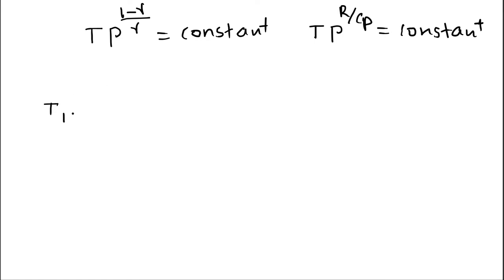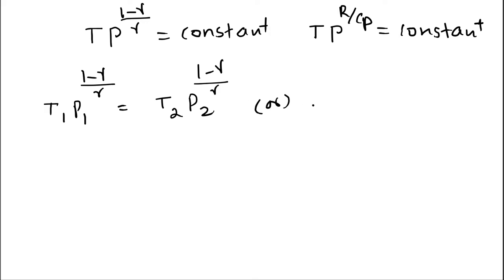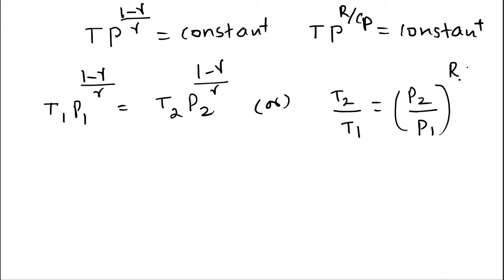Otherwise T1 P1 raised to the power of (1 minus gamma) over gamma equals T2 times P2 raised to the power of (1 minus gamma) over gamma, or T2 over T1 is equal to P2 over P1 raised to the power of R over Cp. So these are the relationships between temperature and pressure in an adiabatic process.